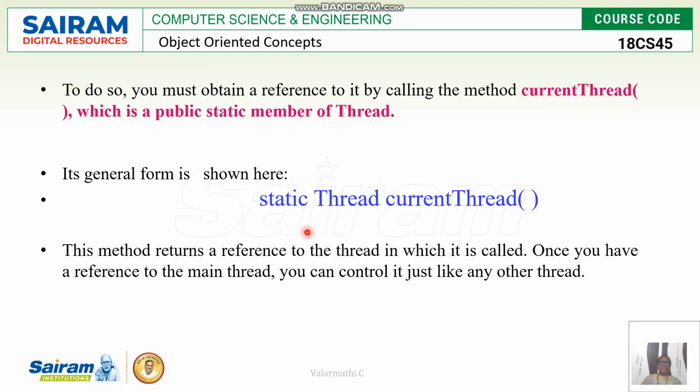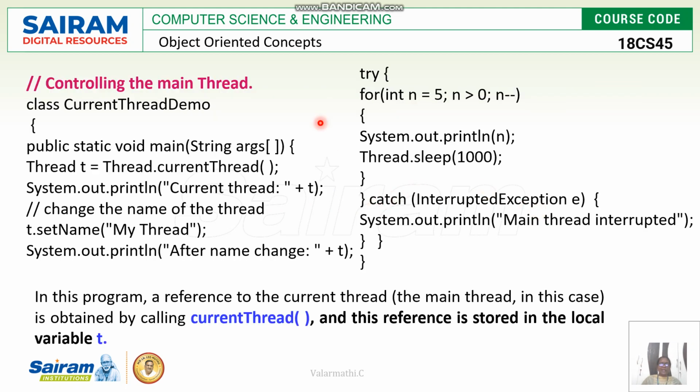It starts with the keyword static Thread, which is the class name, currentThread. So what is the meaning of this? The currentThread method will obtain the reference of the current thread which is executing at a given time. This is an example program which shows how the Thread class is executing, how currentThread works.